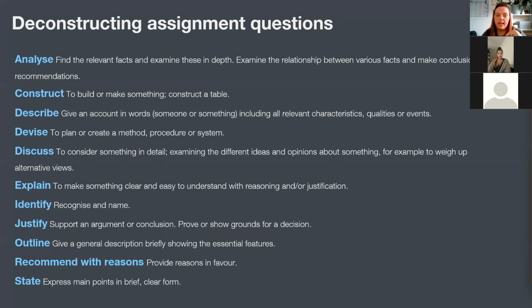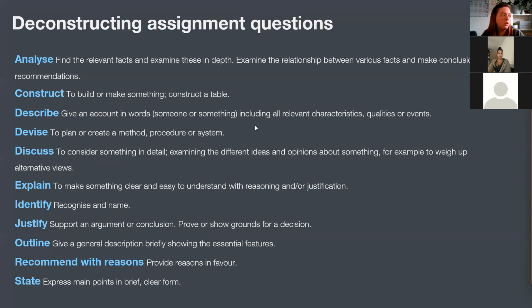So things like justify is quite a longer answer than identify. That would probably be quite a short answer. So it really will give you an idea of how much information they're looking for. Things like discuss. This is to consider something in detail, examine different ideas and opinions.